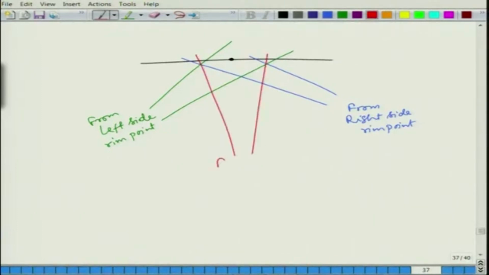Okay. So, this is from the midpoint of the parabola.